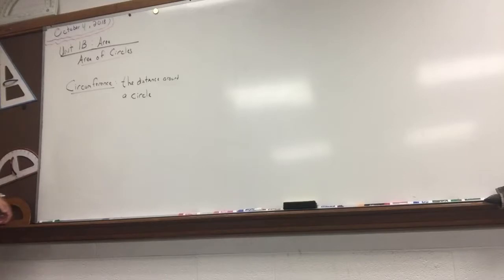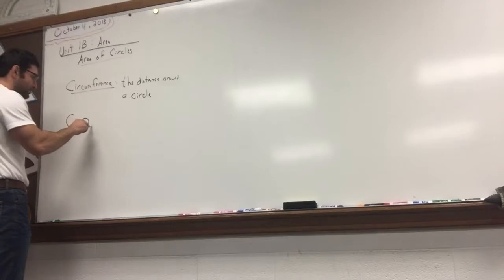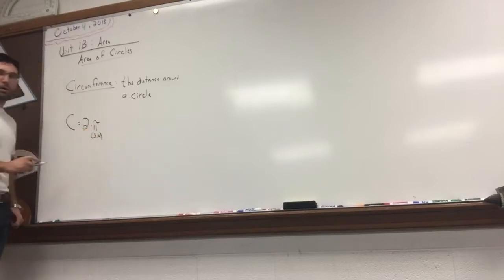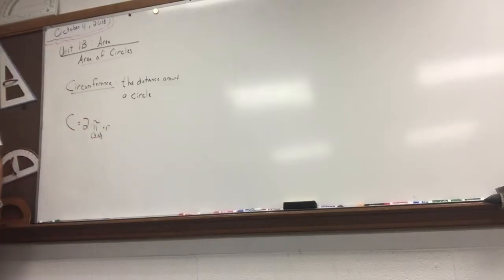Strange, right? Silly goose. So circumference, and we said there's two things for a circumference. We have C, capital C stands for circumference, equals 2 times pi. And we said pi was the number for us, 3.14, times R. Okay, R was the radius.